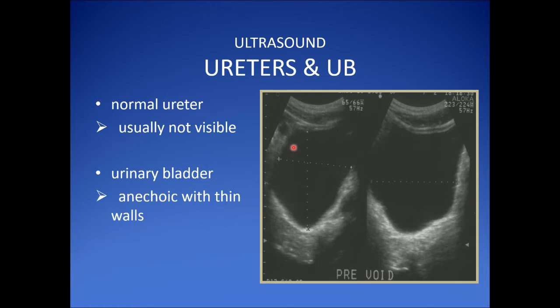Once it is distended, the urinary bladder will look like this. It is anechoic normally. There should be no intravesical echoes within the urinary bladder. The normal UB should have thin, very thin walls. If there is thickening of the walls, it will denote cystitis.